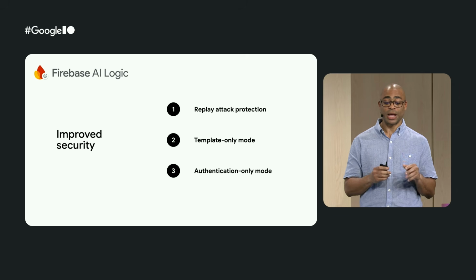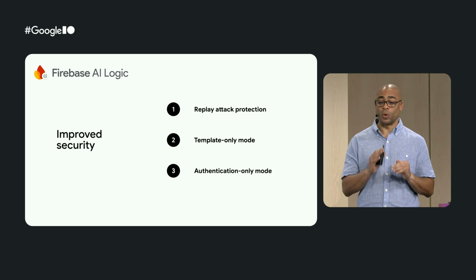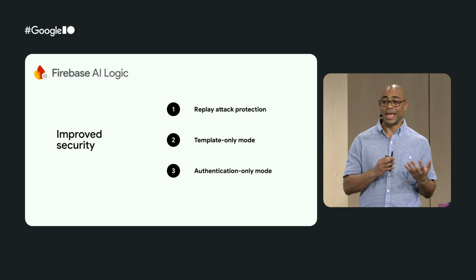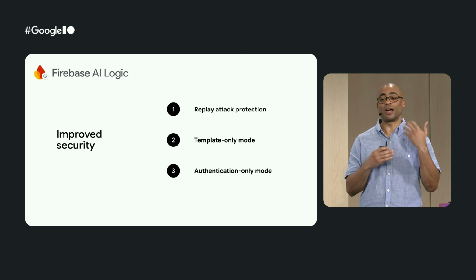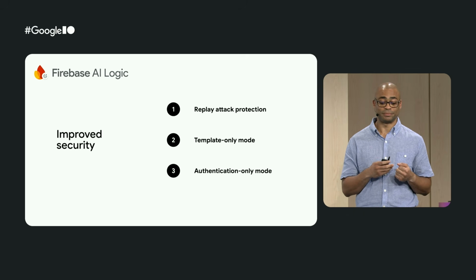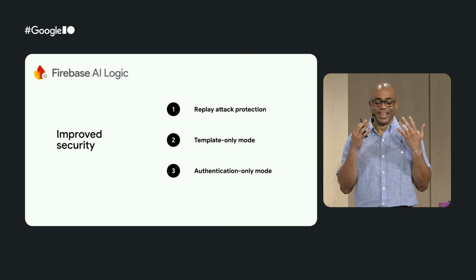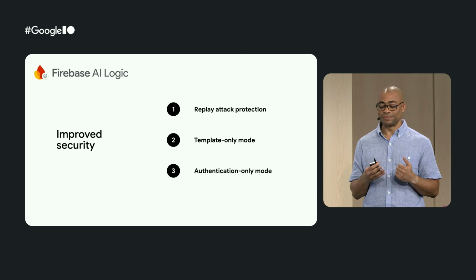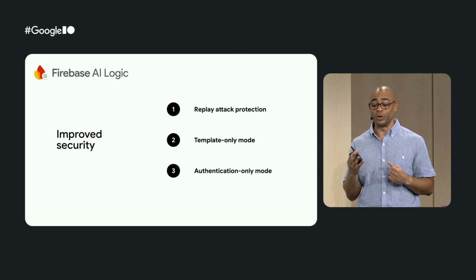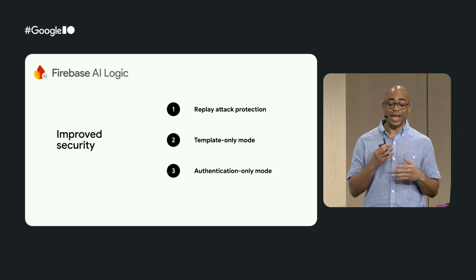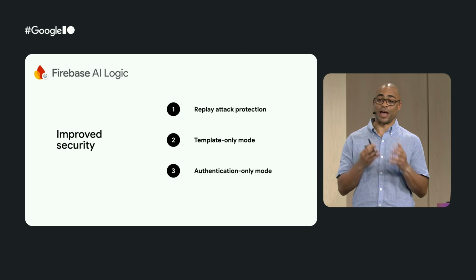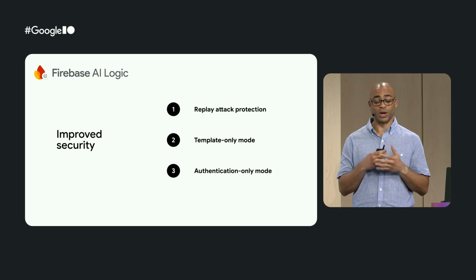Template-only mode limits AI Logic to only execute prompts that are stored on the server, ignoring custom prompts that come from the client side. You can also restrict your AI Logic calls to authentication-only mode, limiting your AI Logic executions to only calls with valid Firebase authentication tokens.